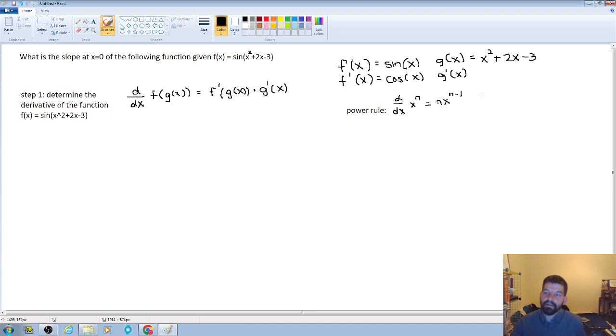So applying that, for x squared, you bring the original exponent down as a coefficient, keep the variable, and then the exponent is going to be 1 less than the original exponent. So this will just be 2x to the 1. We can do the same thing with the next term.